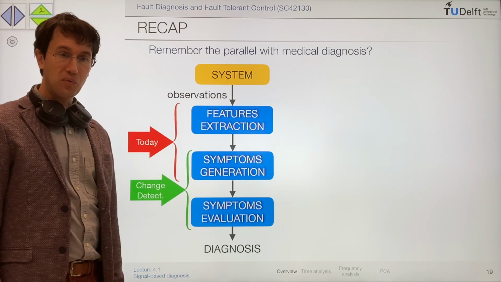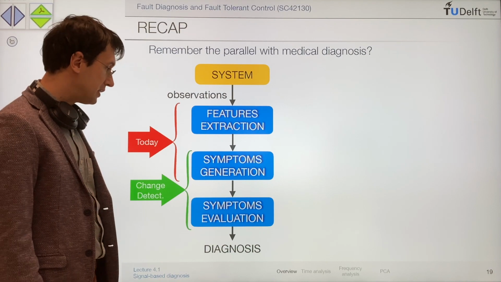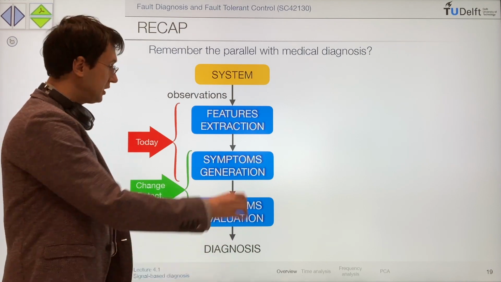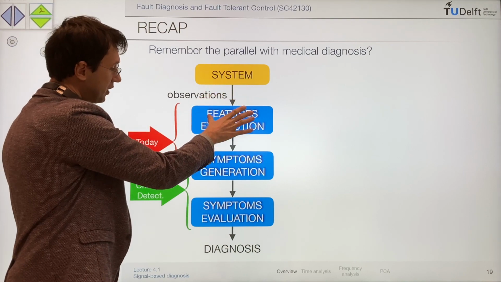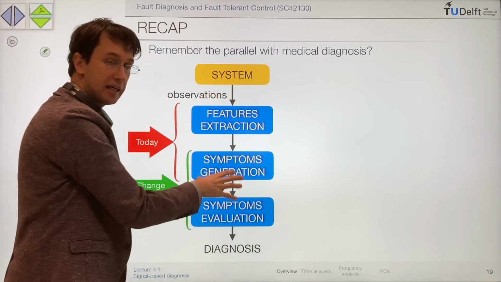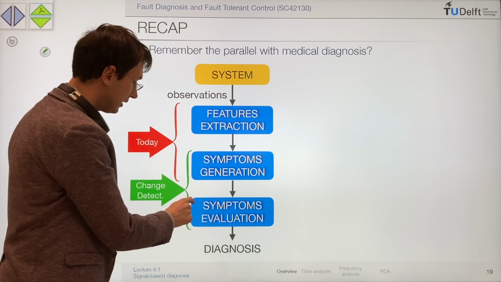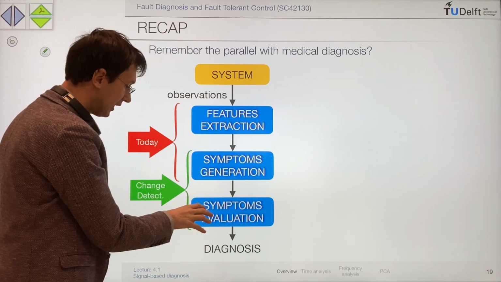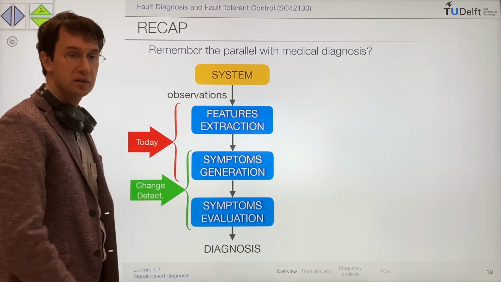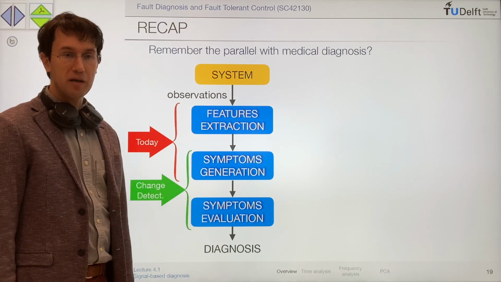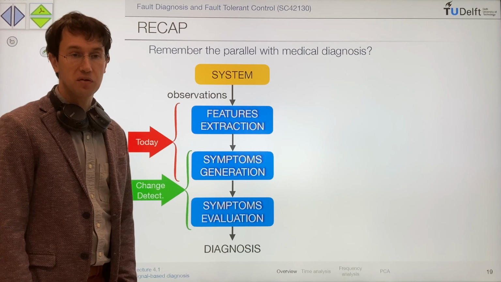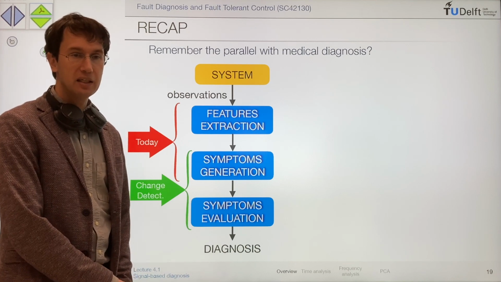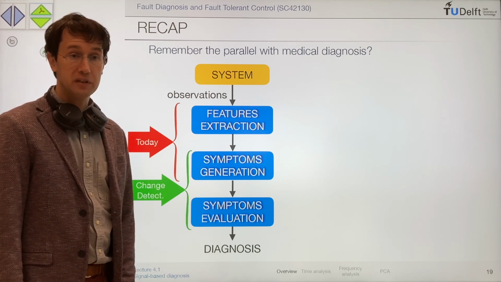Anyway, whatever method you are using, please remember that we are just generating features and symptoms. At some point, we need to add the missing ingredient, that is the symptom evaluation. So we need to apply at the end some change detection algorithm, which is going to be applied, for instance, in the case of the frequency analysis, to components of a spectrum.